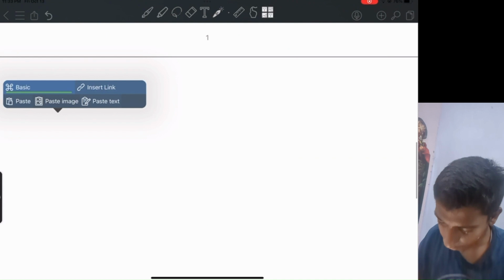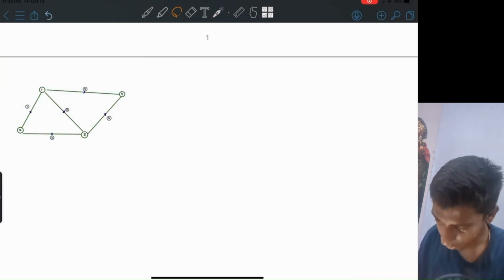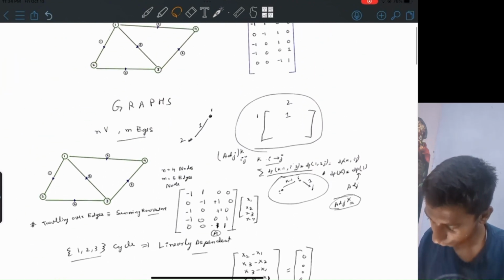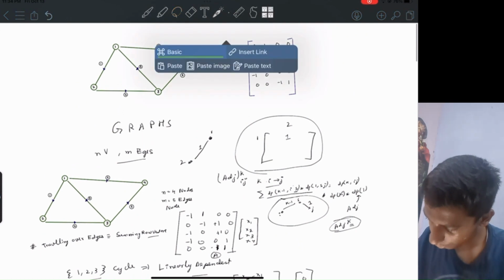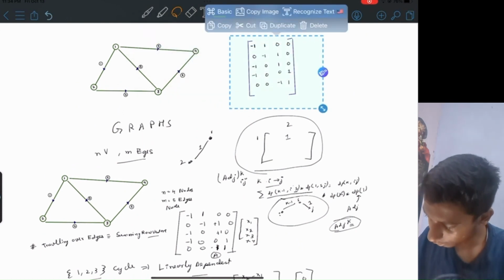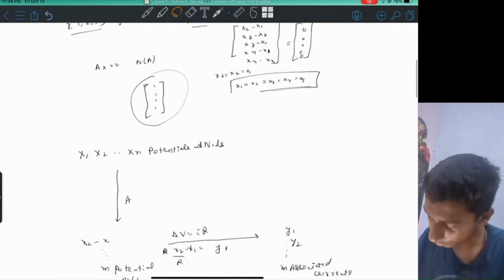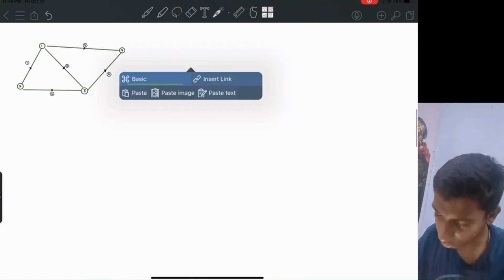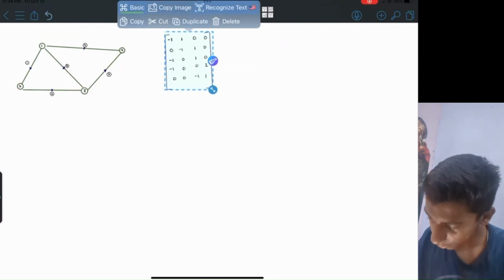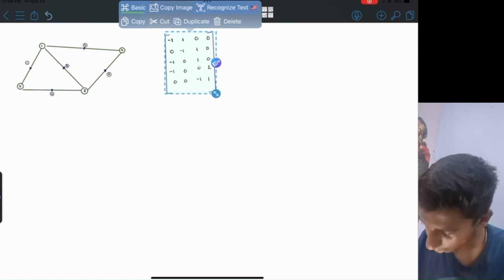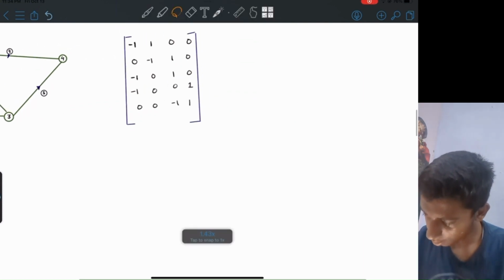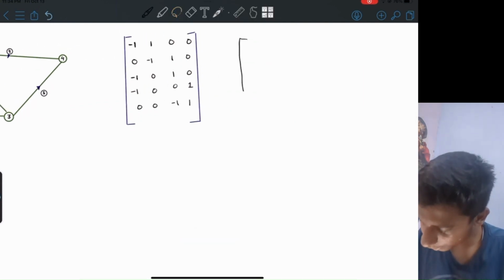This is the same graph that we are working with. And this is the matrix that we had seen, which we had called the A matrix. Now let's make the A transpose matrix corresponding to this matrix.